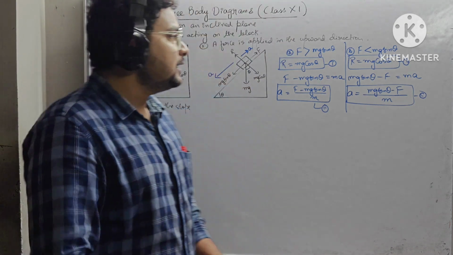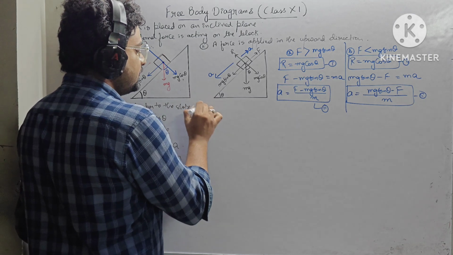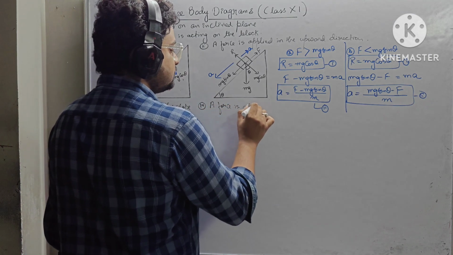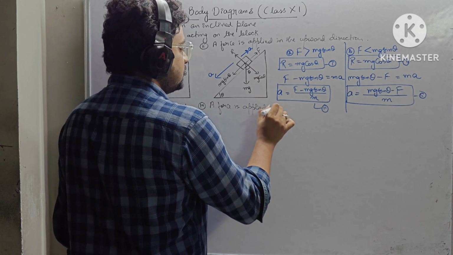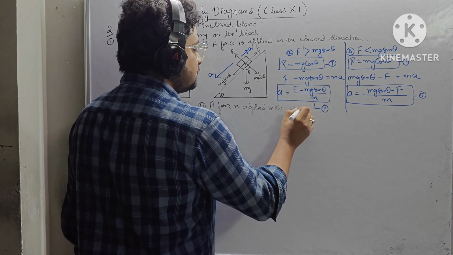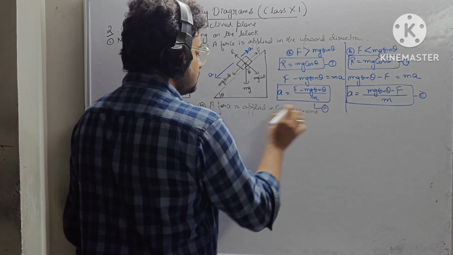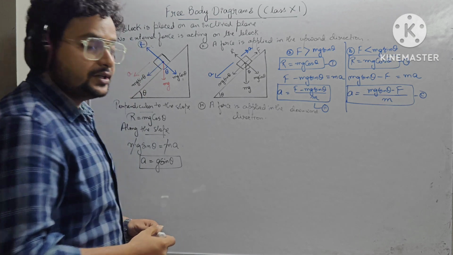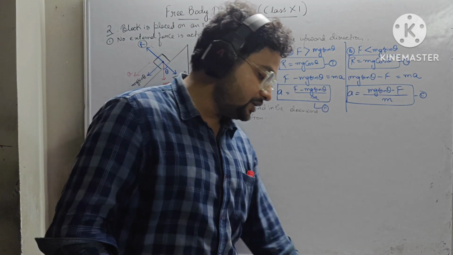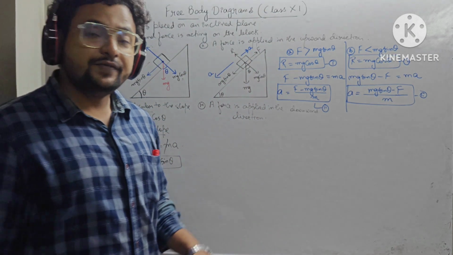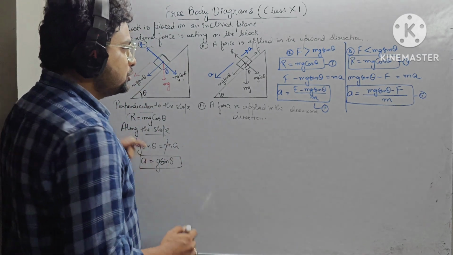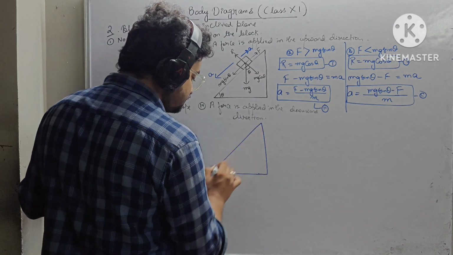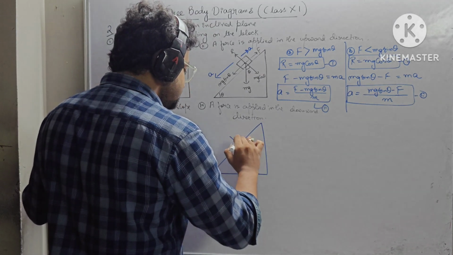Next we will see what will happen if a force is applied in the downward direction. This is your inclined plane, and this was the body.